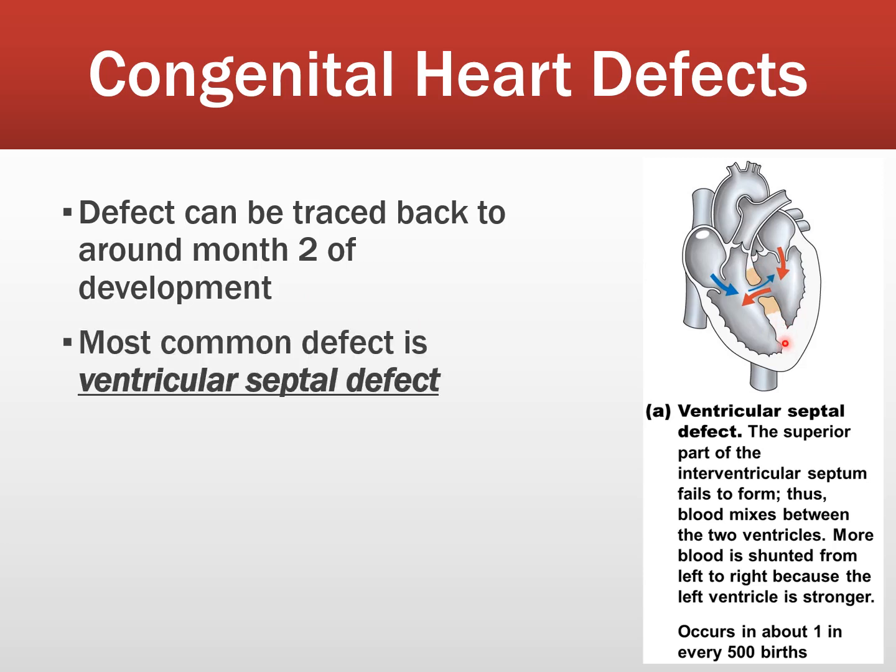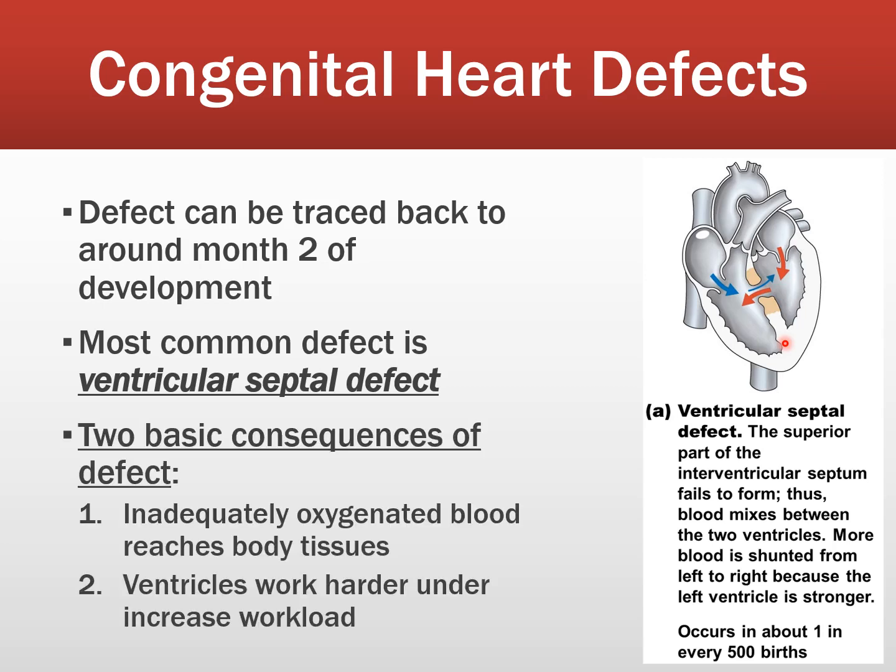The most common one that happens all the time is ventricular septal defect. Essentially you have a hole in that interventricular septum. You should have a nice wall separating your 2 ventricles, because we don't want the right and the left sides to mix.